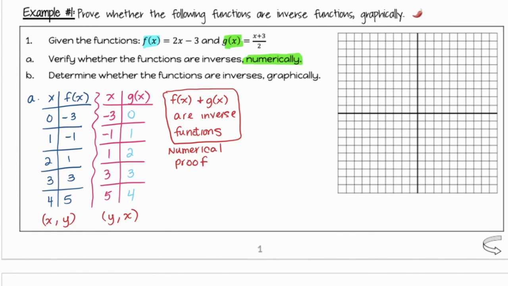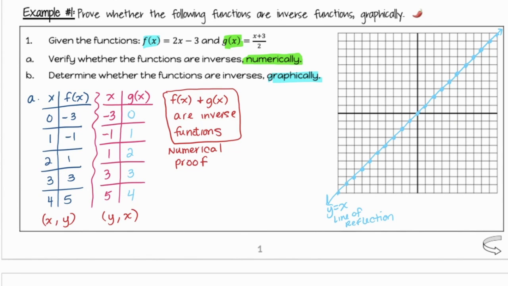Now my graphical proof, showing this graphically. The first thing I'm going to graph on my grid is the line y equals x. So I start off with that y equals x. That's my line of reflection.